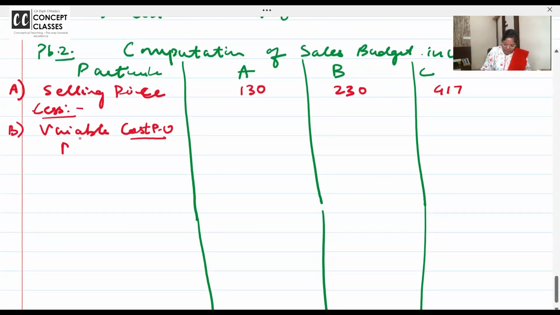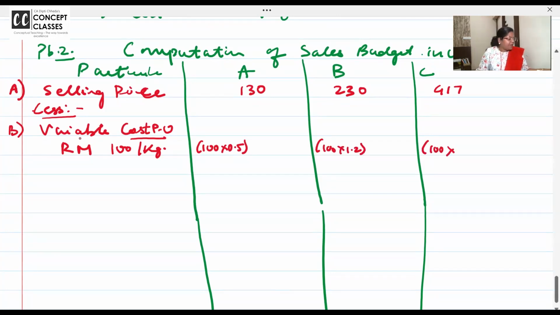First is raw material. Raw material का rate क्या है? 100 per kg. Please see the table के नीचे पहली लाइन में दिया है 100 per kg. और यहाँ पे कितना required है? 100 into 0.5 kg. 100 into 1.2 kg. 100 rupees per kg. और एक यूनिट को बनाने के लिए 2.5 kg मटेरियल लगता है.